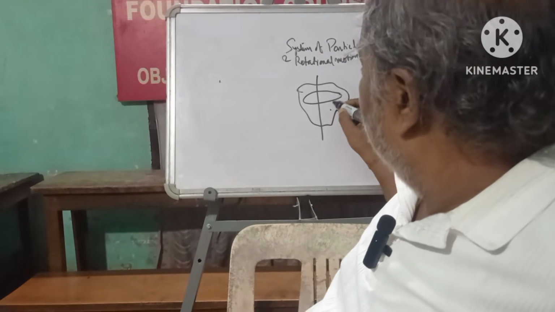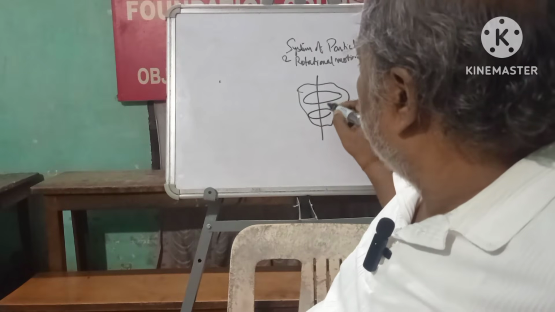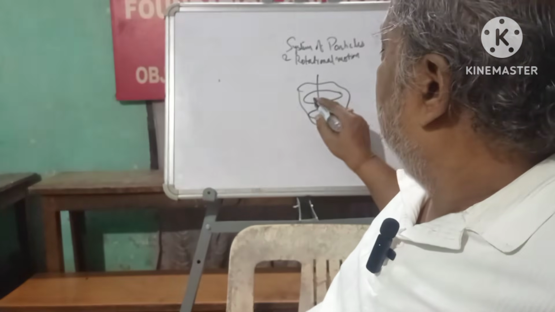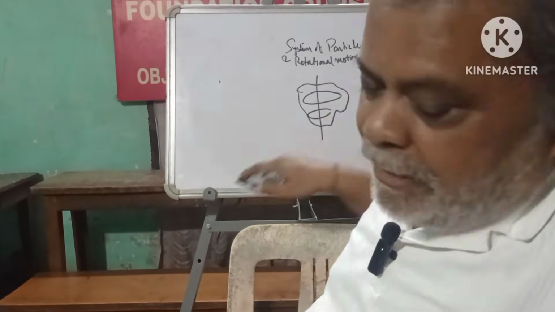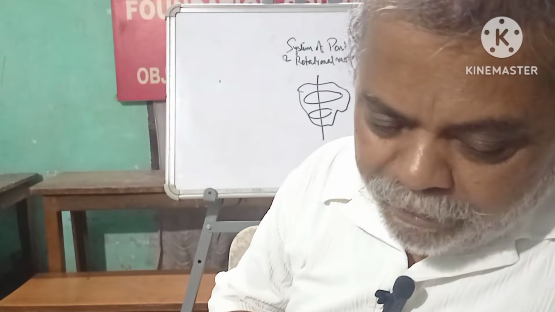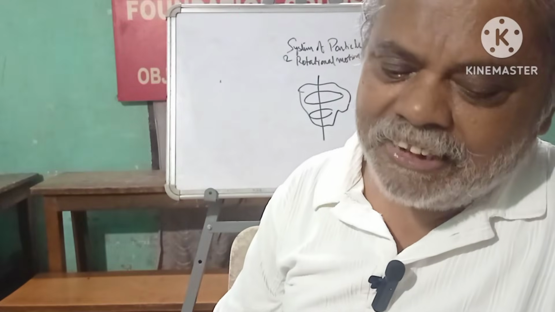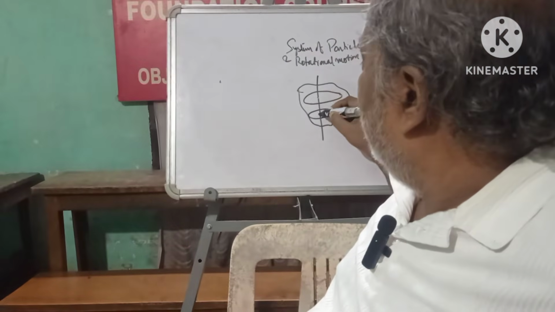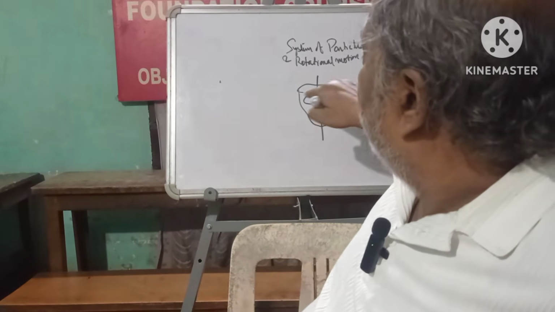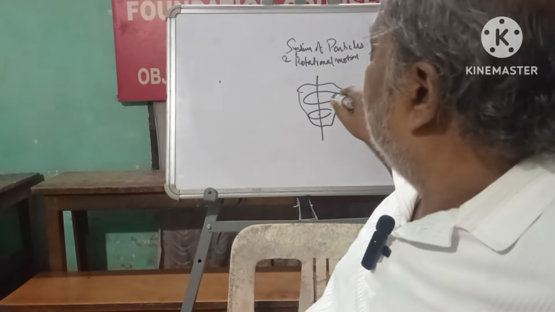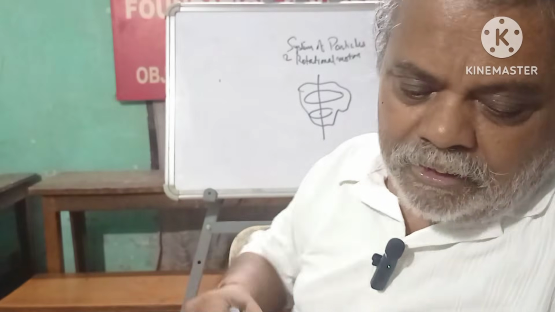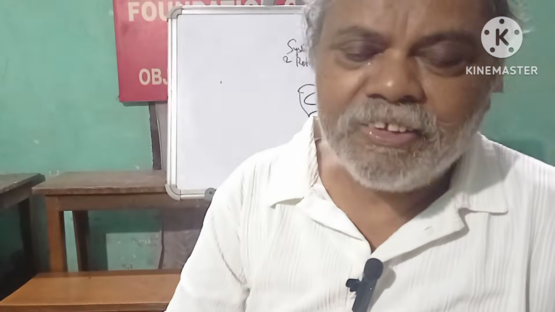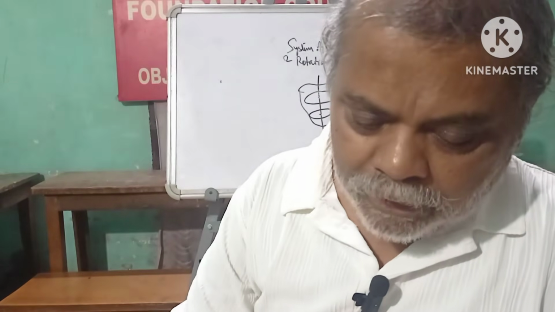If the point P is some other particle, it will rotate like this, in a plane perpendicular to the axis and has its center on the axis. This particle will move like this, perpendicular to the axis. This is an important point.